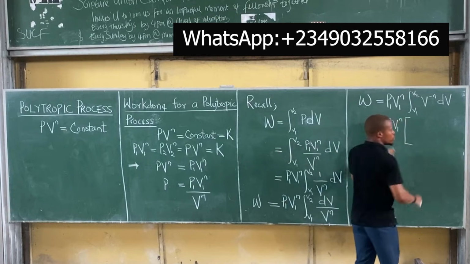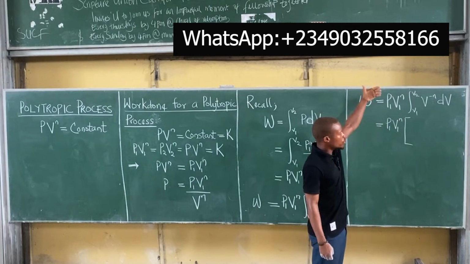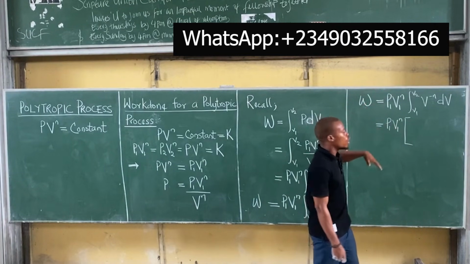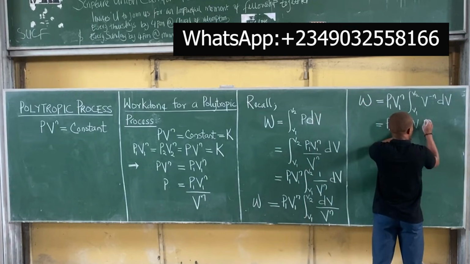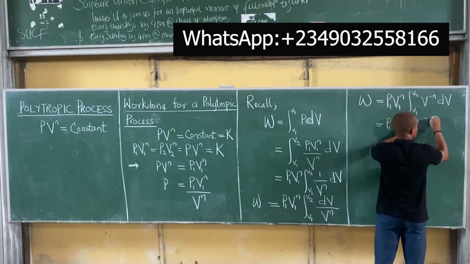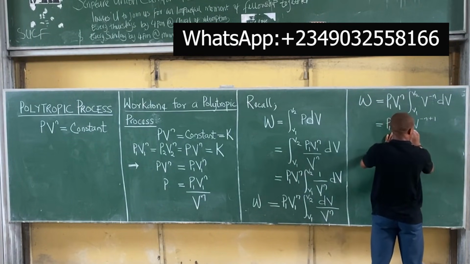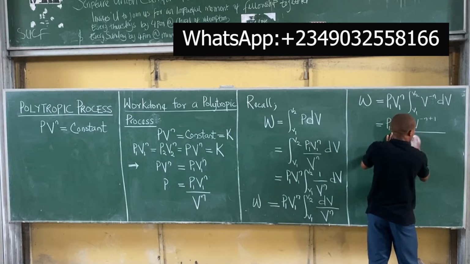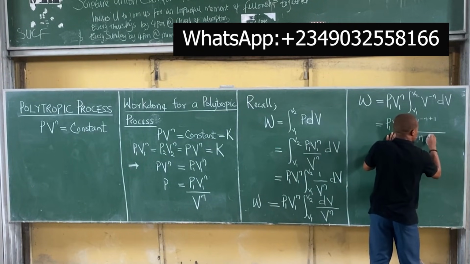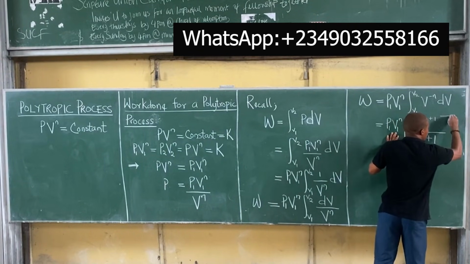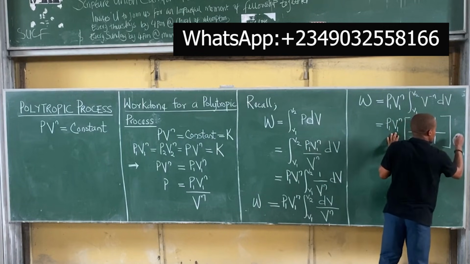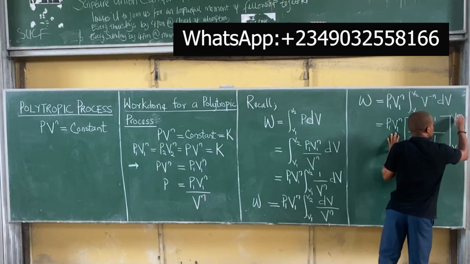In integrating, we add 1 to the power and divide by that power. So we have V raised to minus n plus 1 over minus n plus 1. Remember, we are working with the limit V1, V2.